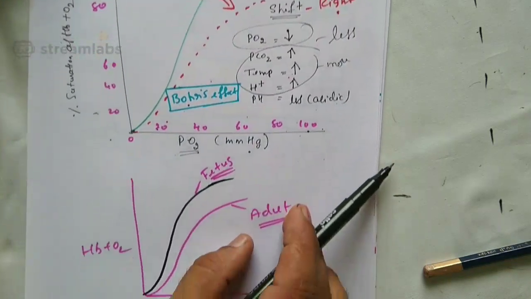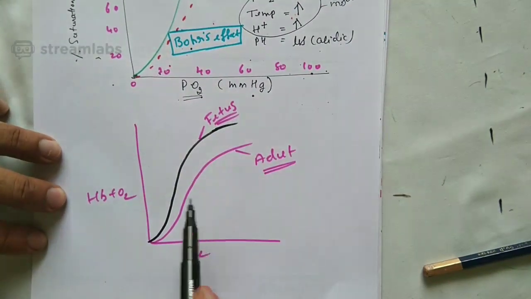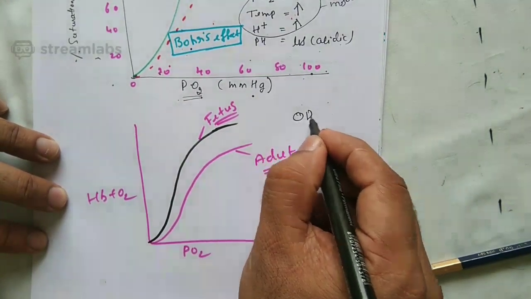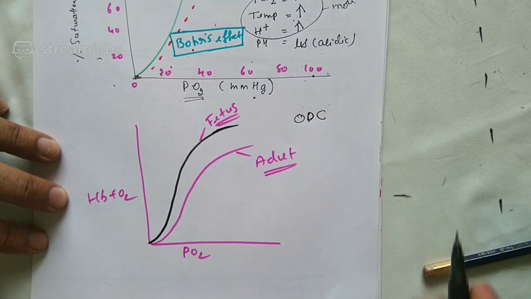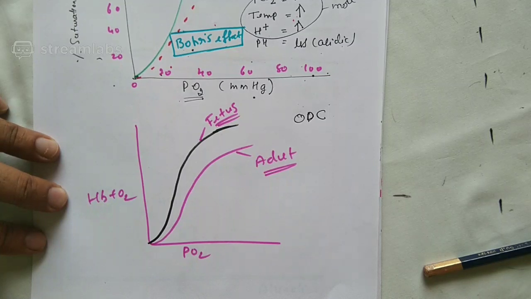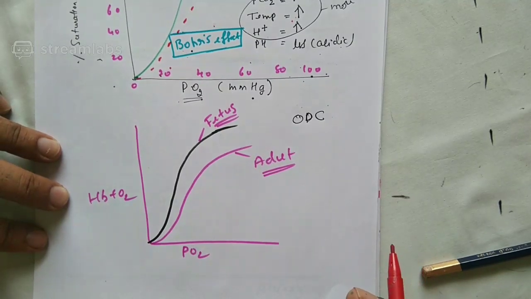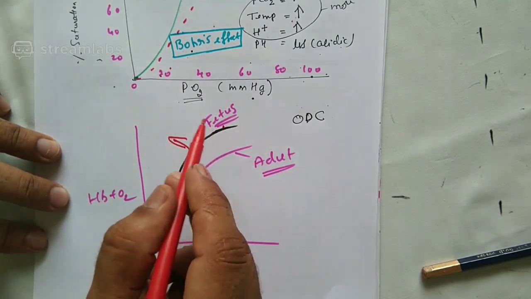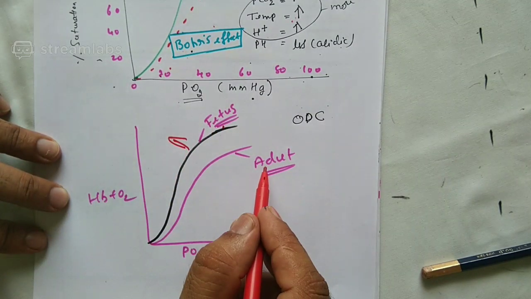Moving on, see here. If I take the same graph of the oxygen dissociation curve, ODC, of the adult and fetus, fetal hemoglobin has more affinity for oxygen than the adult. That is the reason the shift will be more in the case of the fetus towards the left side and less in the adult.